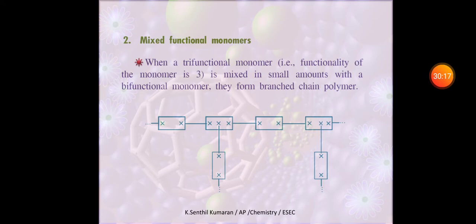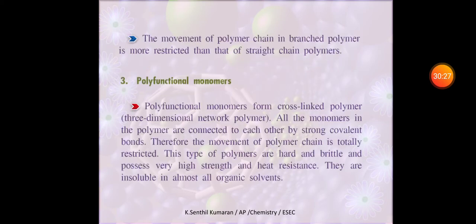The mixed functional monomer means trifunctional monomer and bifunctional monomer connected together. The movement of the polymeric chain in a branched polymer is more restricted than that of straight chain polymers.